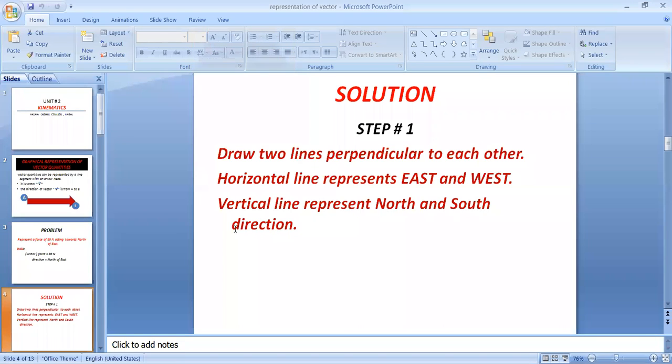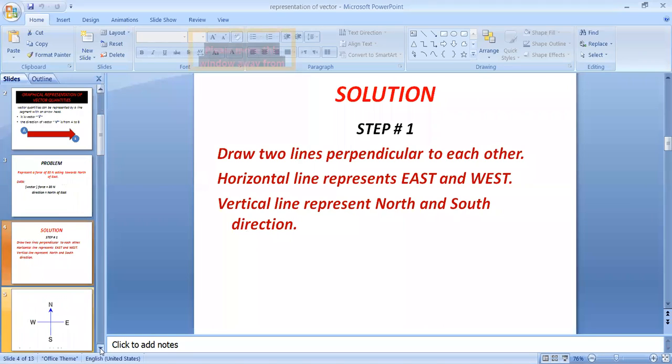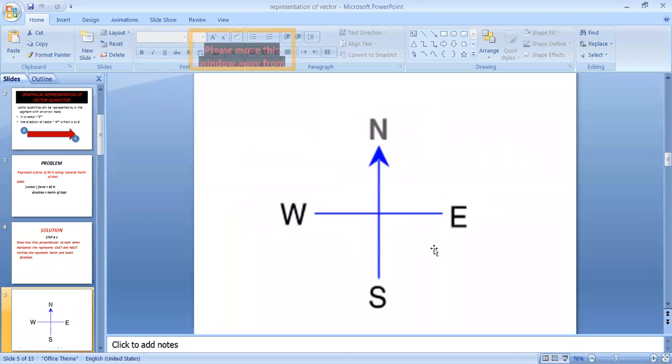For example, if we take the picture, the horizontal line is west and east. Basically, the horizontal line is always parallel to the x-axis.